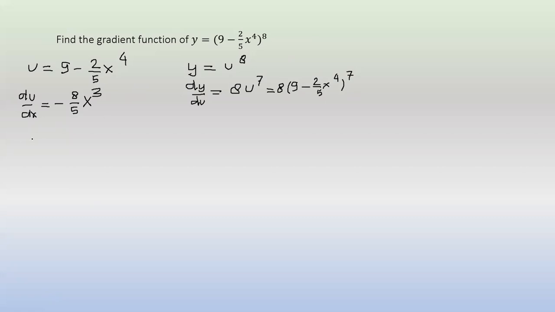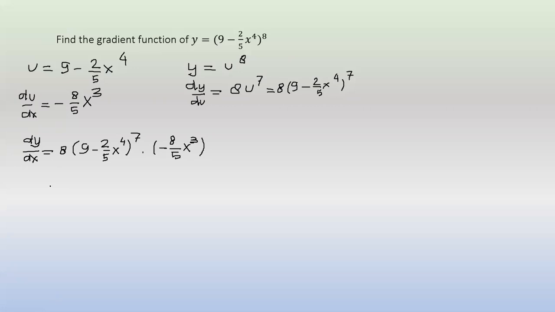Now dy/dx equals dy/du times du/dx. It means this term times this term: 8 times (9 minus 2/5 x to the power 4) to the power 7, times negative 8/5 x cubed.